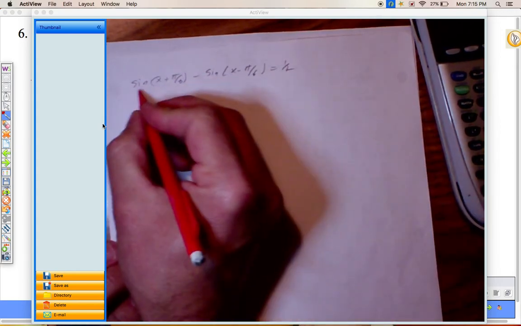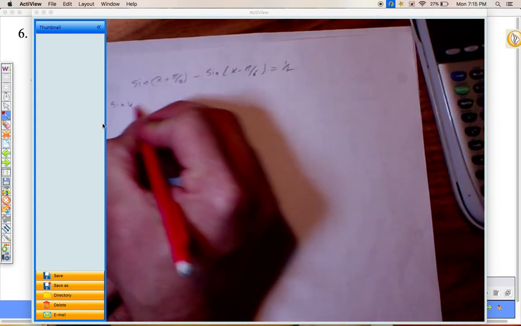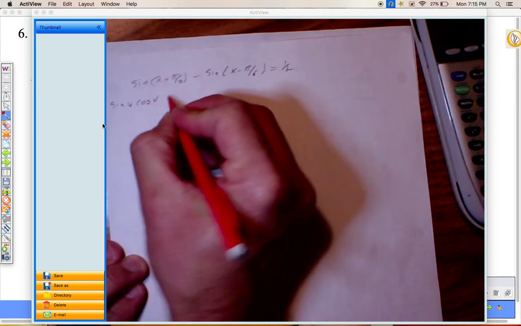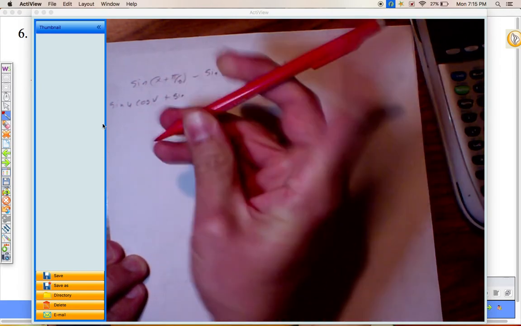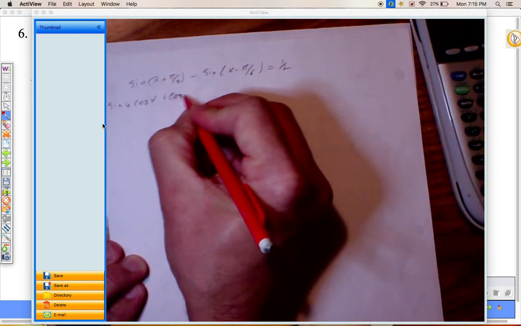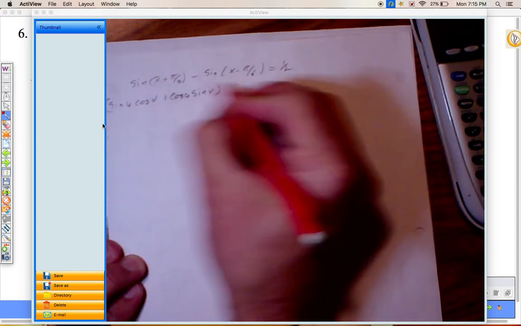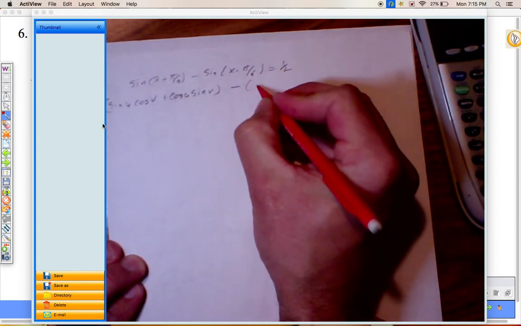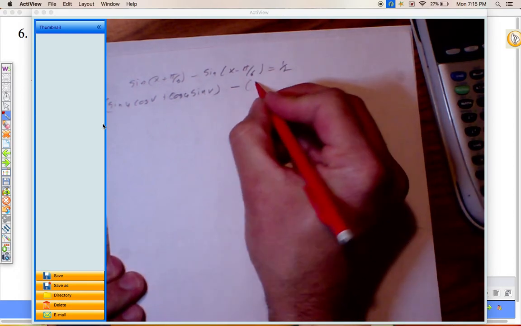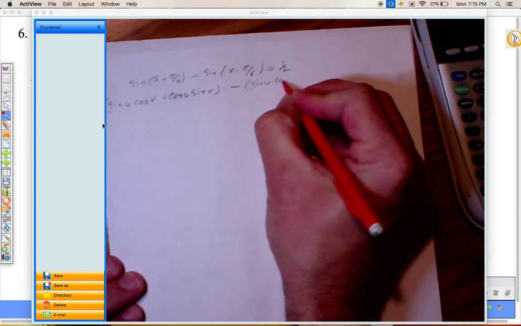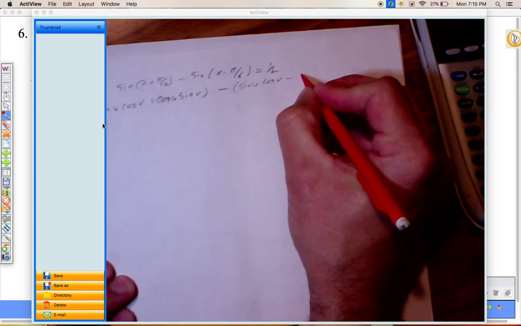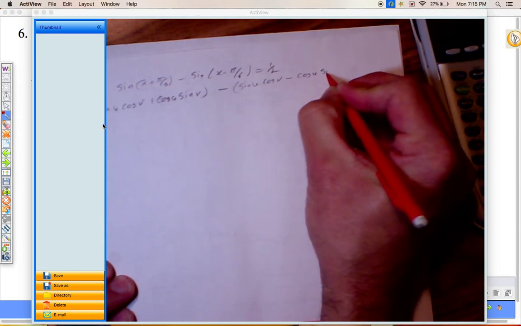So this one, sine of u cosine of v plus cosine u sine v, minus sine u cosine v minus cosine u sine v.